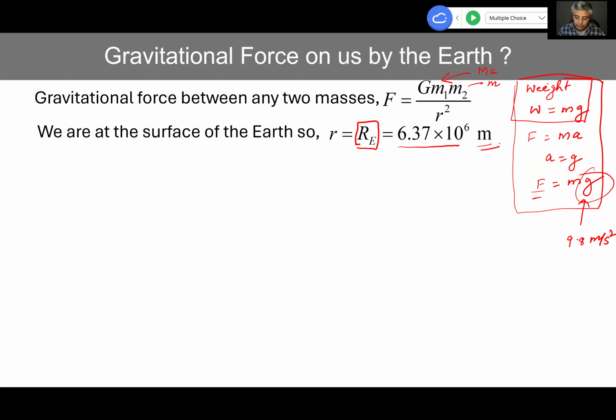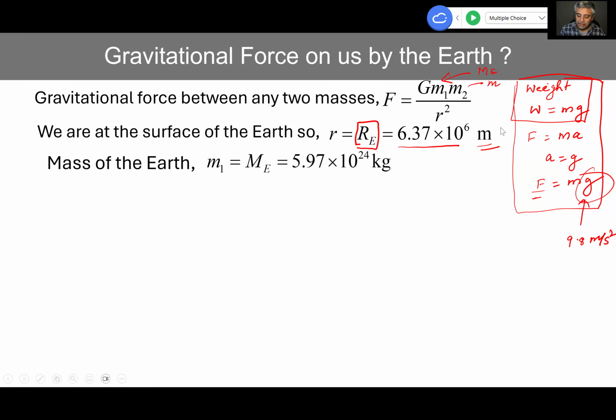Okay, and mass of the Earth, just like I said before, it is in the order of 10 to the power 24 kilogram. So it is in the order of thousands kilometer, okay, the separation distance, and it is in the order of, oh, very large number.